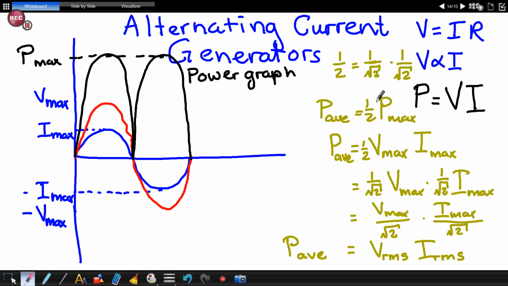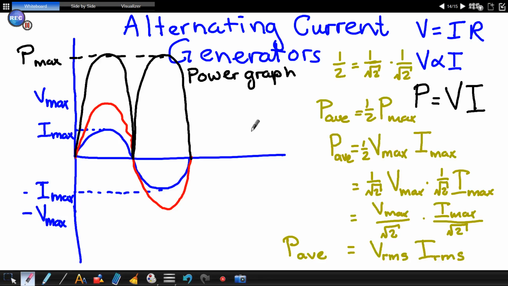But that equation is nowhere on a data sheet. The reason for us having to calculate average power is because that is the available power to the circuit. Even though the current is doing this and the power is doing this, not all that power is available to the appliances.